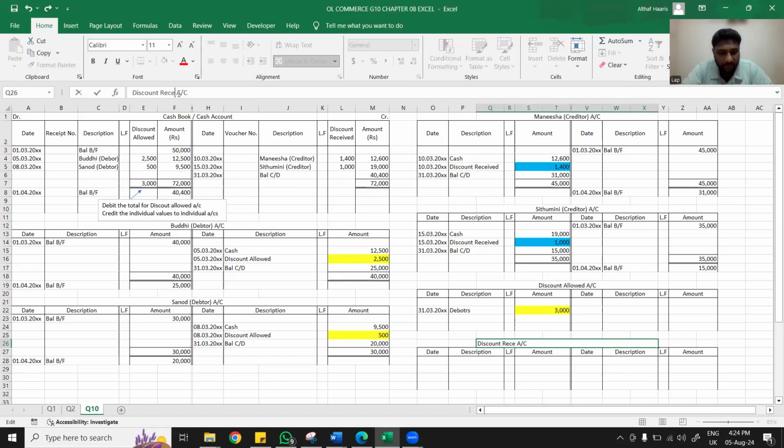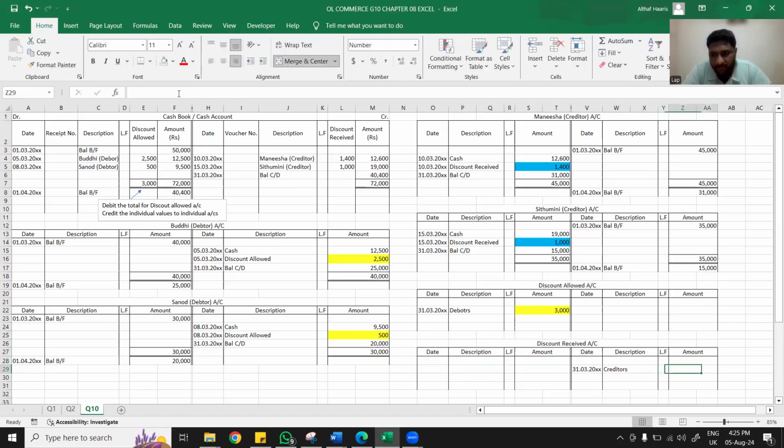Discount received account. Here creditors, all the creditors. Take the total, 2,400.